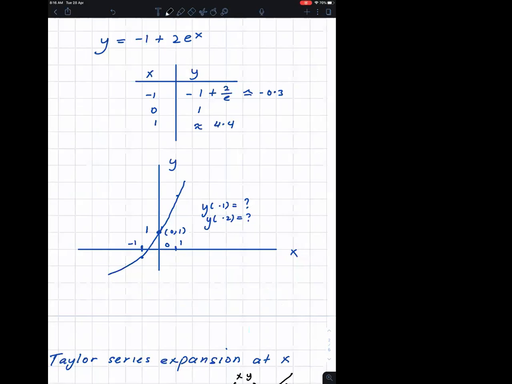Then you want to find what is y at 0.1. The initial value is 0, delta x is 0.1. So it's like y at 0.1 equals what?